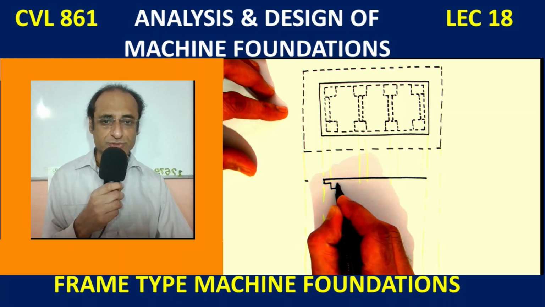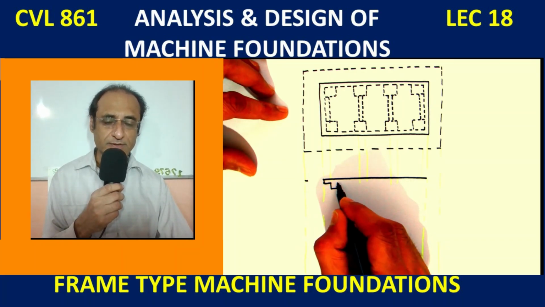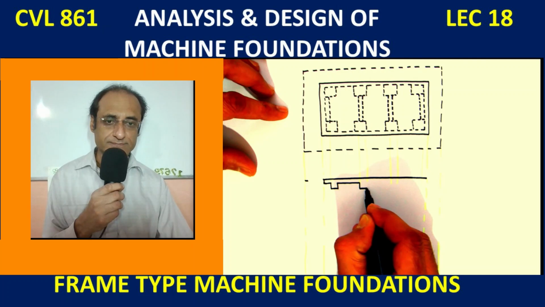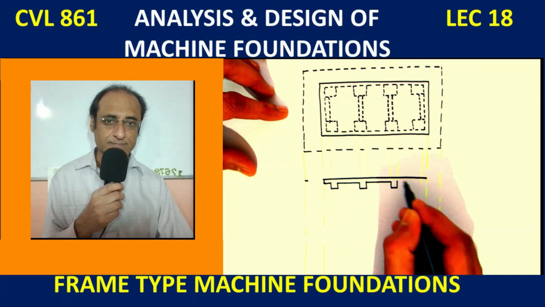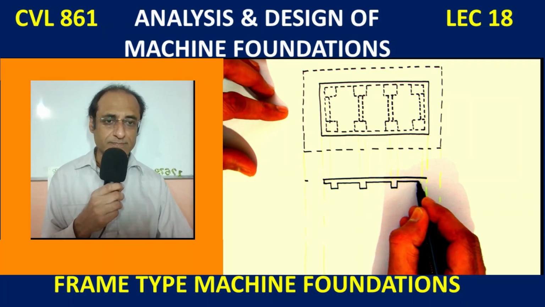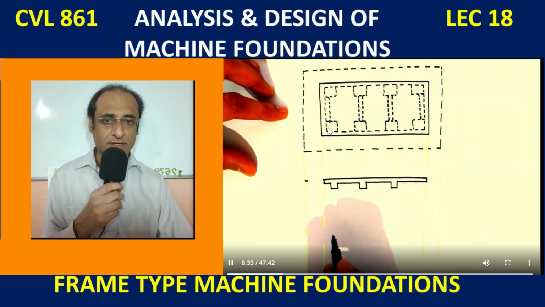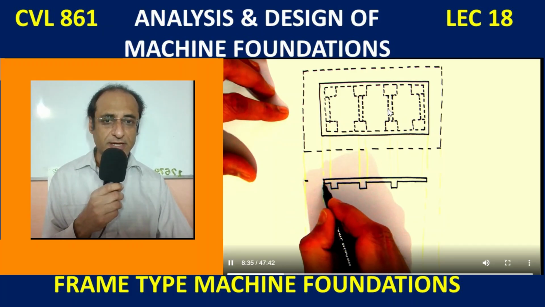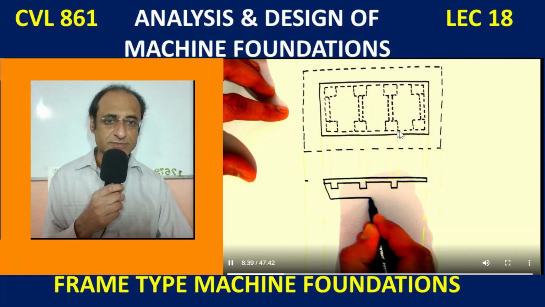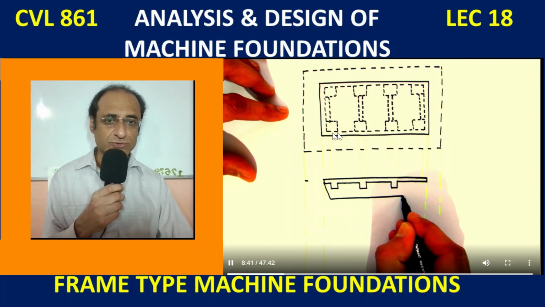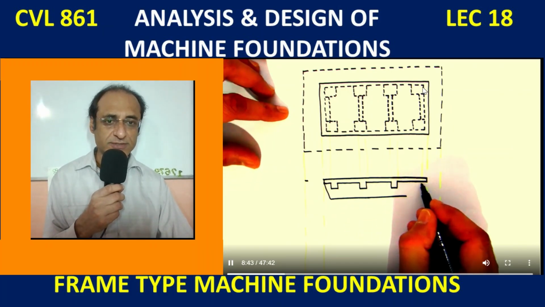We are showing the cross beams. All these cross beams are visible in this section, and then we are also drawing the longitudinal beams. There are two longitudinal beams running, this one and this one.